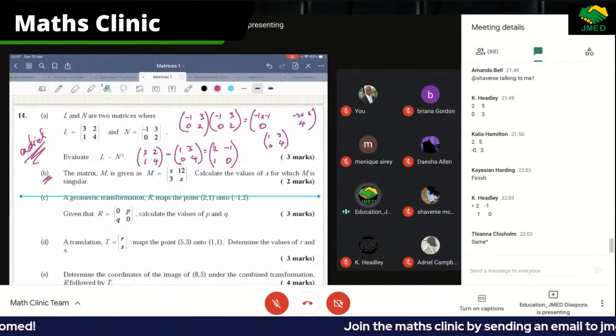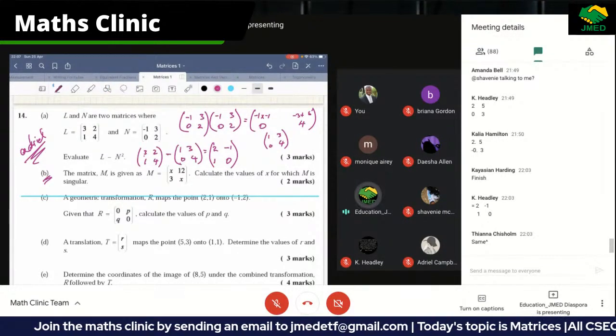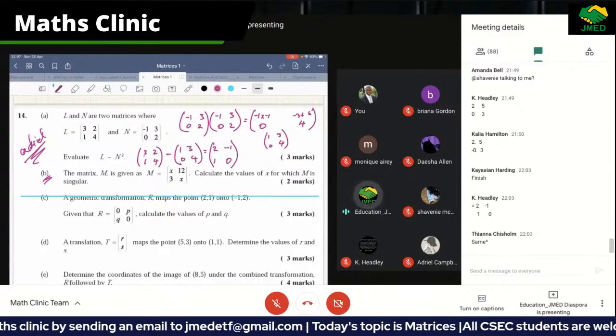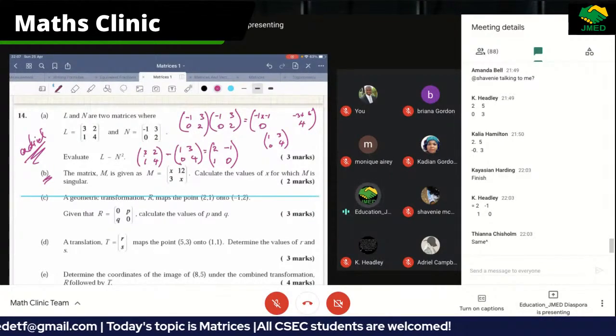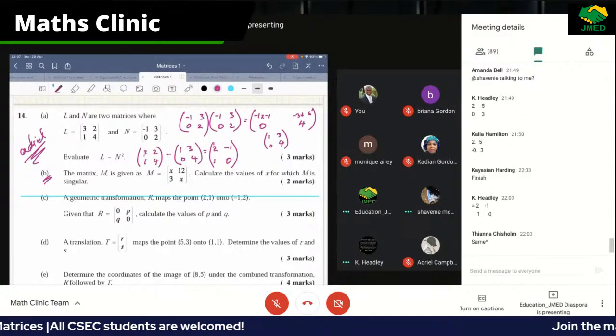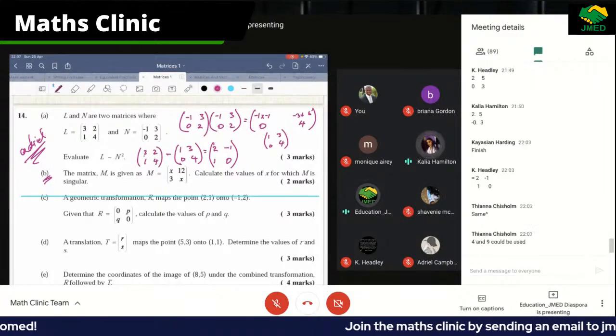How do we find the determinant? The determinant is the product of the main diagonal minus the product of the minor diagonal. What's the main diagonal in this case? The diagonal that runs from top left to bottom right. So it's going to be x times x, which gives us x squared.